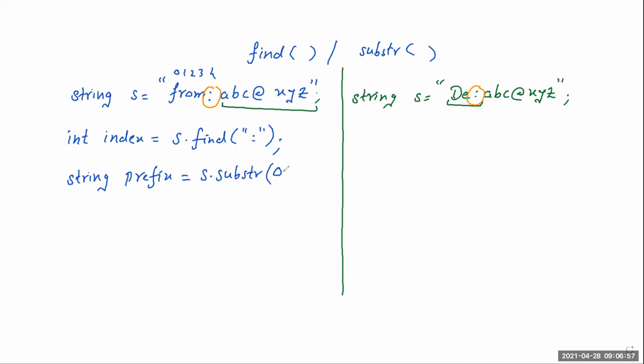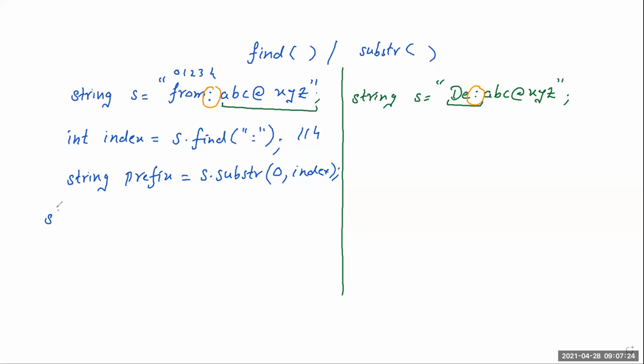From 0, how many characters do I have to pick? 1, 2, 3, 4, and 4 is the value which is in this variable index, which is the colon position. So I can write here index. Now what will happen? It will go to position 0, which is F, and it will pick 4 characters, FROM. So this is the prefix. It means we have the first part of the string, which is stored in a variable which we are calling prefix.